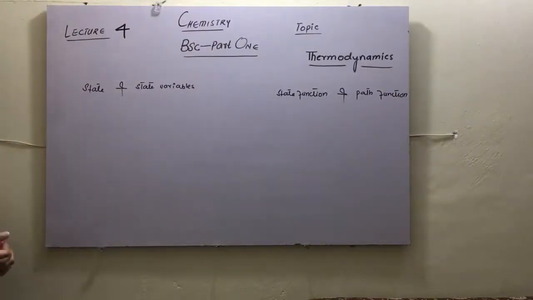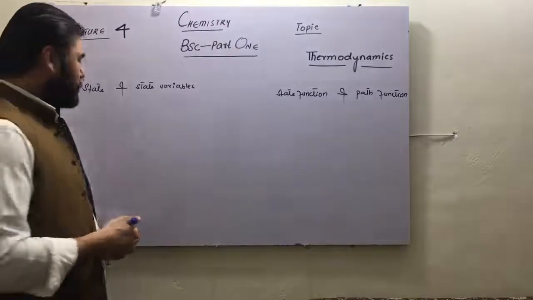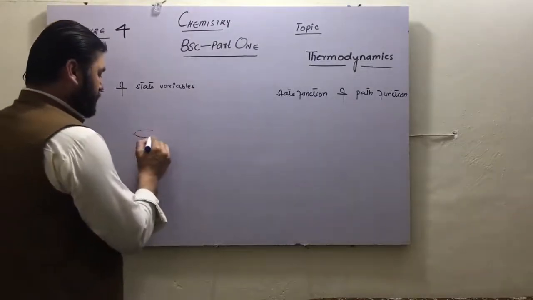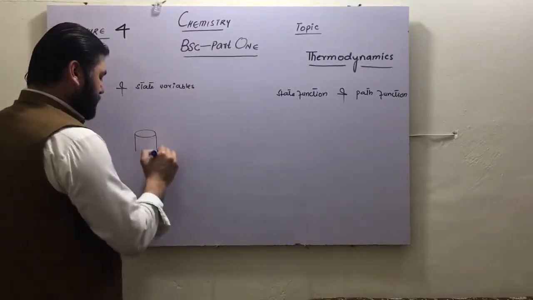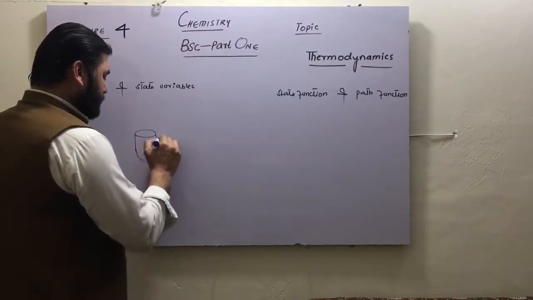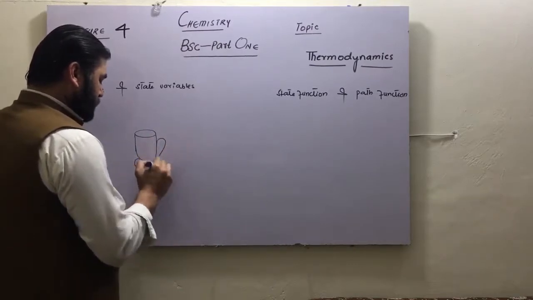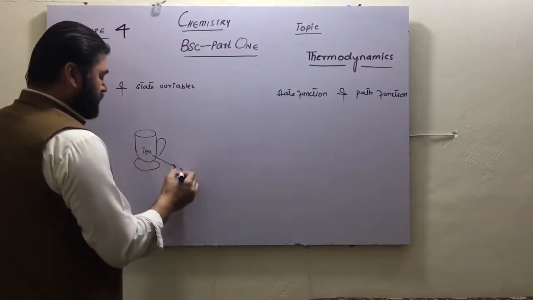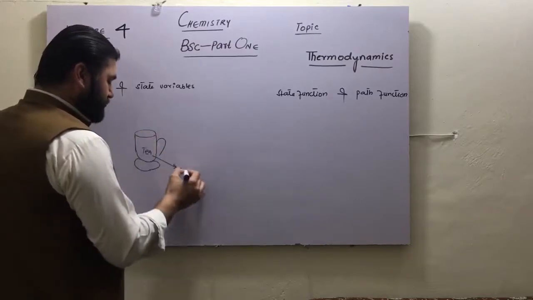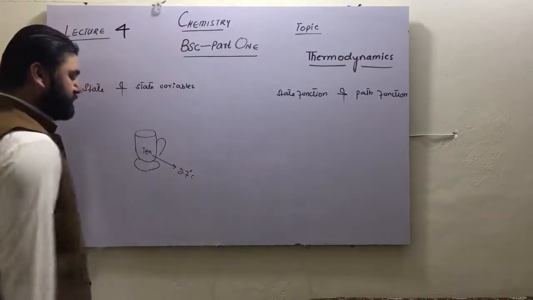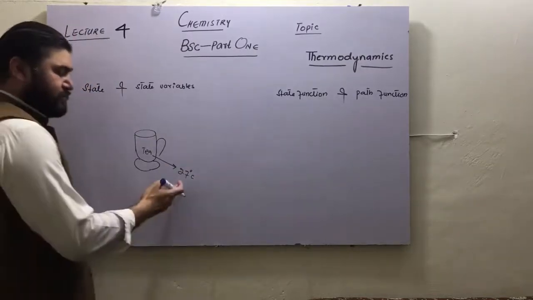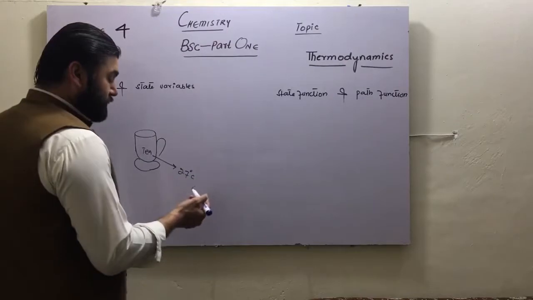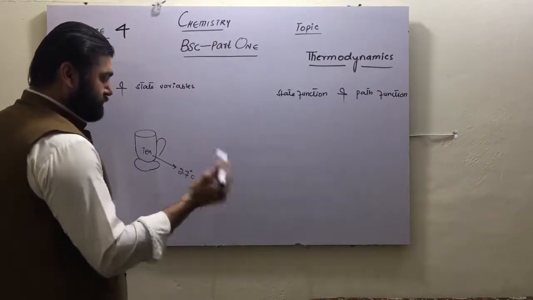So what is basically state? State is, suppose we have a cup of tea. In this cup of tea we have tea, and the temperature of the tea is around about suppose 27 degrees centigrade. So it's not hot, it is in a cold condition, so we can say it is room temperature.